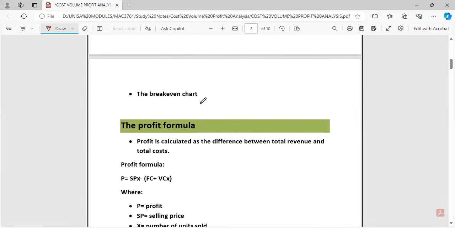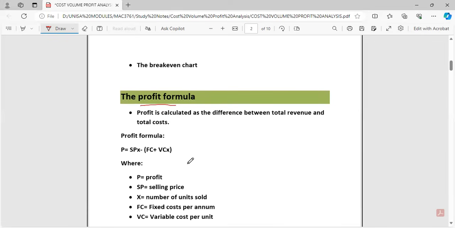The break-even chart is another way of calculating the break-even point. Then let's look at the profit formula. When you are dealing with the profit formula, you just need to know how to use this formula.